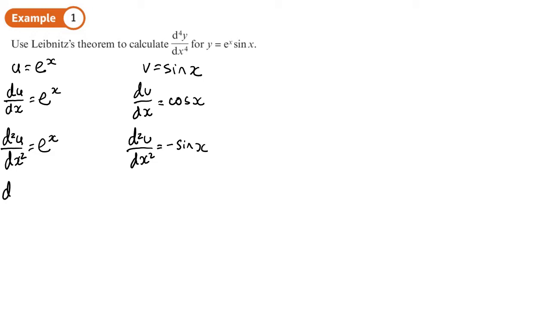The third derivative here will still be e to the x. Then the third derivative of v will be minus cos x.